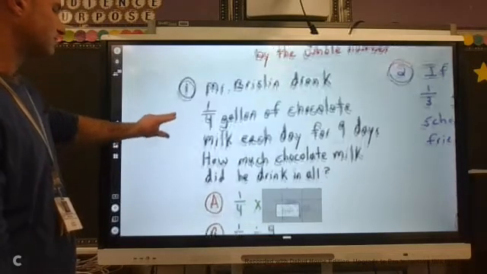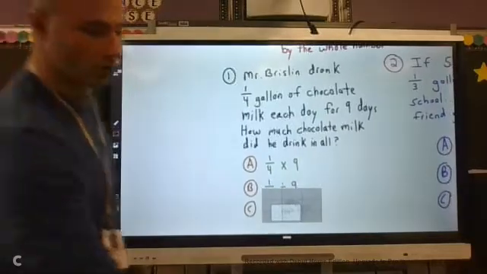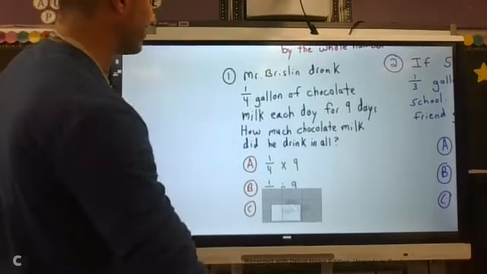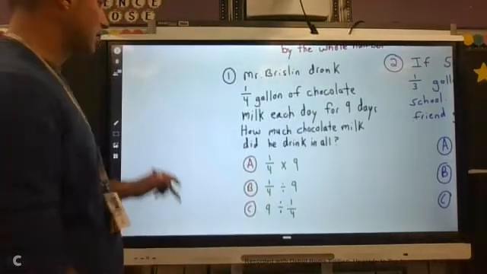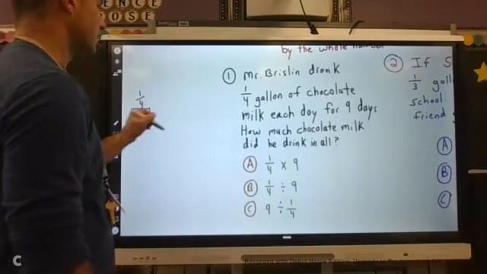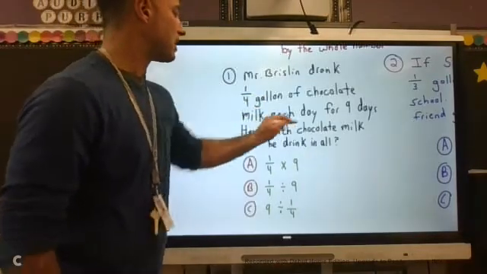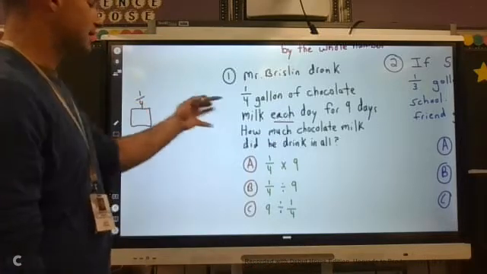So, ultimately, you need to figure out, is this a problem where I am multiplying or am I dividing? So what's the best strategy? Draw it out. If I have 1/4 of a gallon of chocolate milk each day for 9 days, I need to do that 9 times.